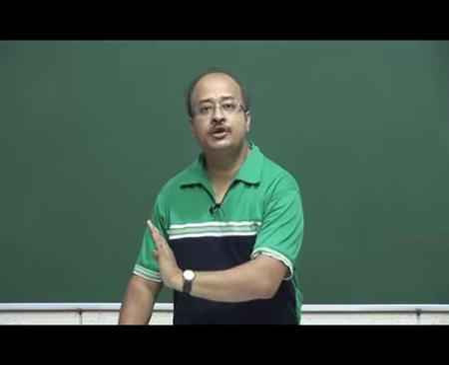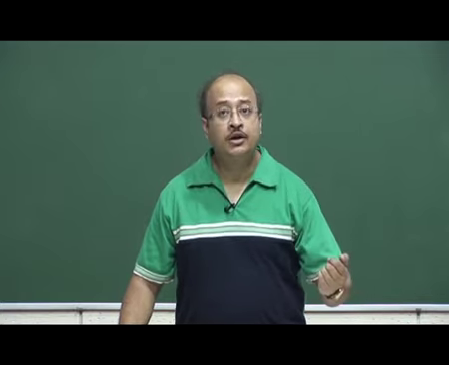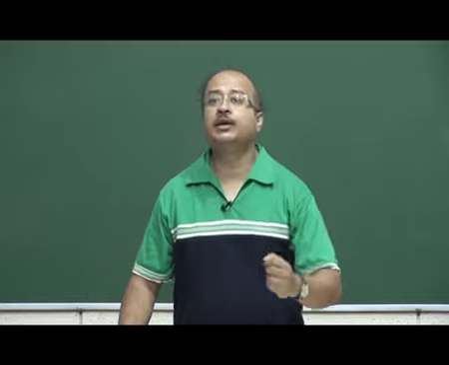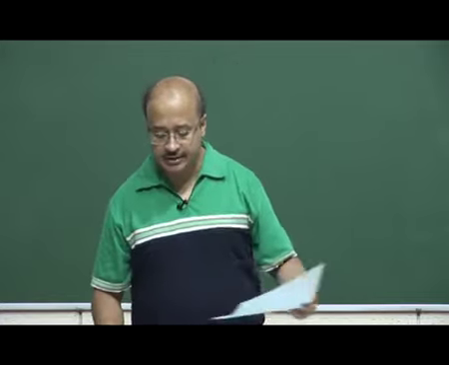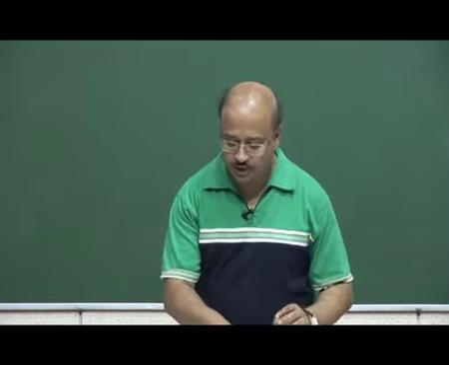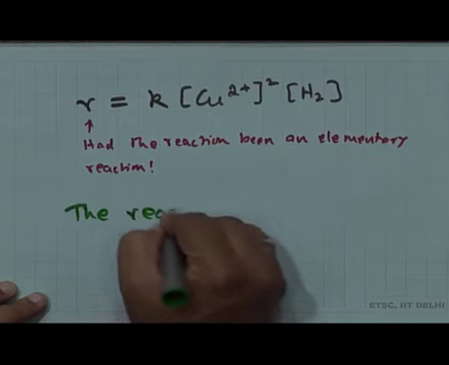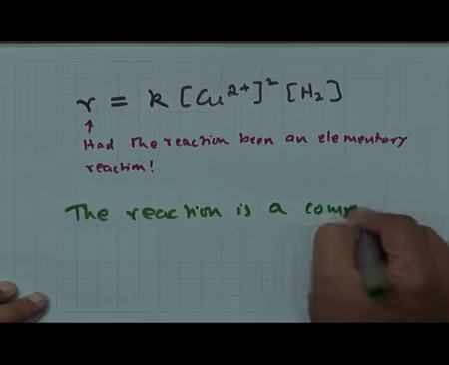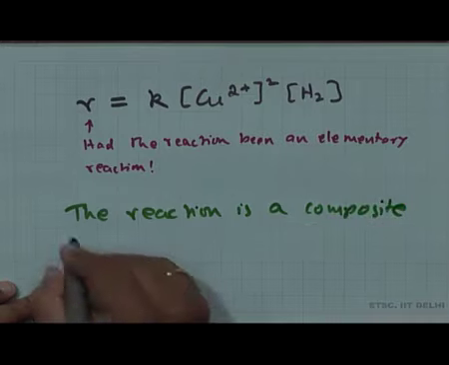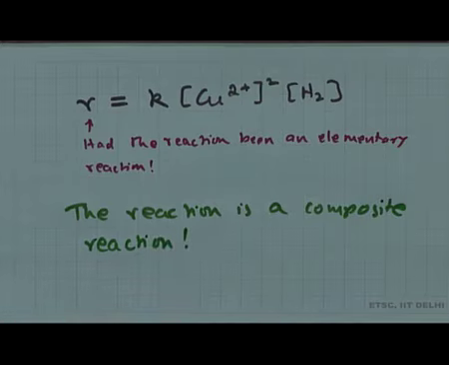However, when you do experiments you might end up having a different rate law, and if the rate law is different from the one you are expecting from an elementary reaction, then you immediately understand that this is a composite reaction, or one having a complex mechanism.